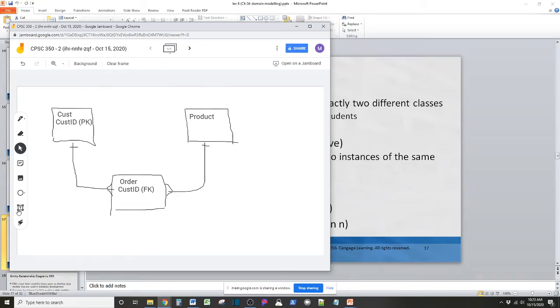And you'd say the same thing for product, where you would have a product ID, and I would need to have that as a foreign key down in the order. And the order also, of course, needs its own identifying key.